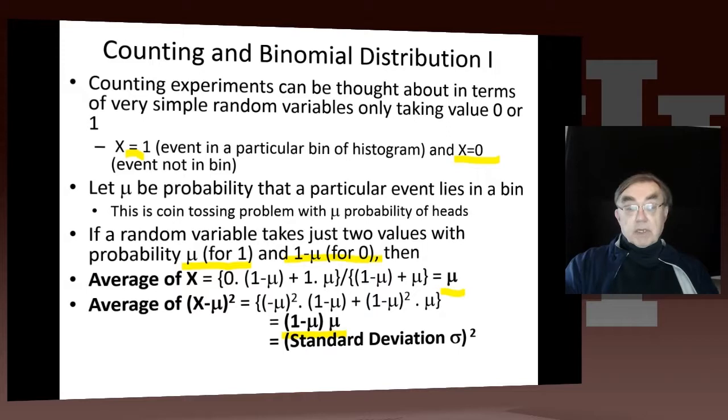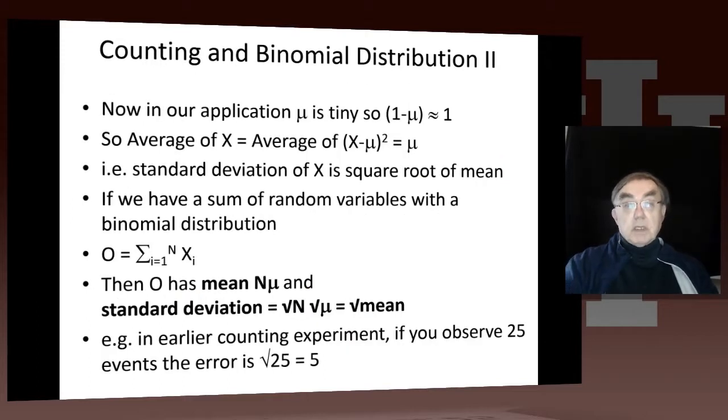So the standard deviation squared is mu, and sigma is the square root of mu, the square root of the mean. But 1 minus mu times mu is true whether or not mu is small. In our case, the chance of any one event lying in any one bin is negligible, so mu is a small number, 1 minus mu is essentially 1, and we get our usual result that the standard deviation is the square root of the average.